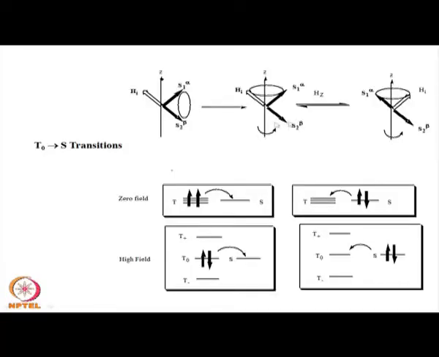That means the conservation of the total angular momentum must be there. Although apparently the total angular momentum has not been conserved here, because there is a triplet to singlet transition, the total spin is not conserved. But because of this external field, whatever changes occurred here are compensated as a result of this external field.